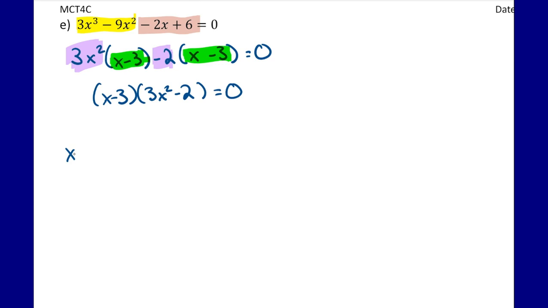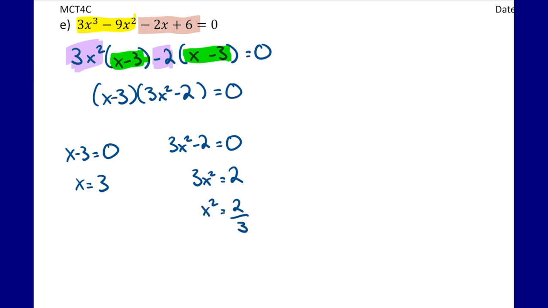The first one, x minus 3 equals 0. Move the 3 over. x equals positive 3. The next one, 3x squared minus 2 equals 0. Move the 2 over. Get 3x squared equals 2. Divide by 3, I get 2/3. And then finally, I take the square root of both sides.